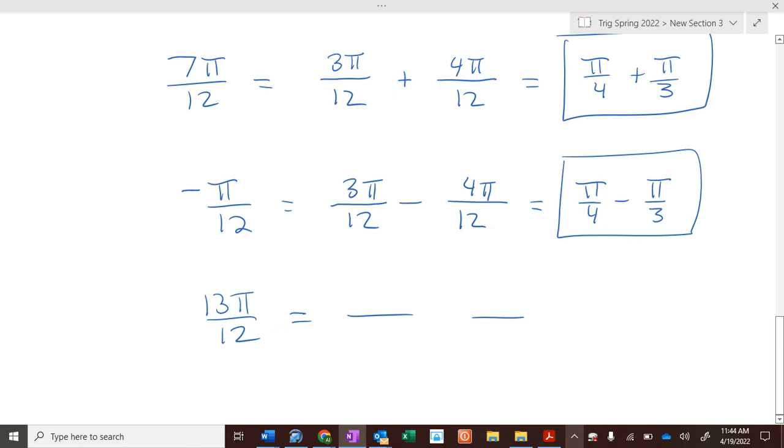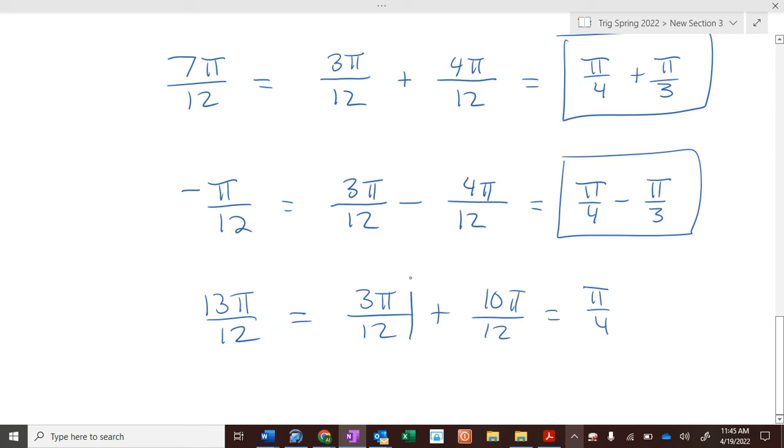So obviously 12 and 1 won't work. 11 and 2 work? No, because you can't reduce 11 over 12. Then what else do we have? 3 and 10? Will 3 and 10 work? Uh-huh. 3 and 10 does work. So 3 pi over 12 plus 10 pi over 12 equals, what's 3 pi over 12?